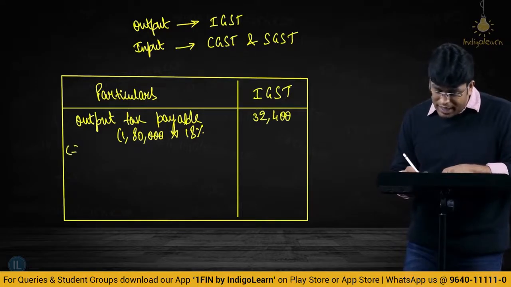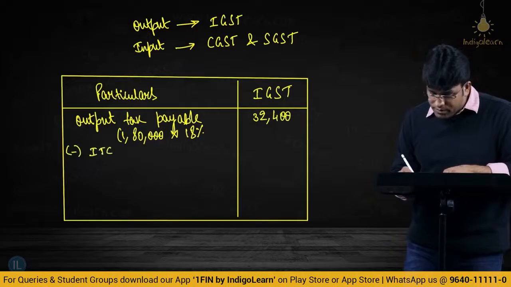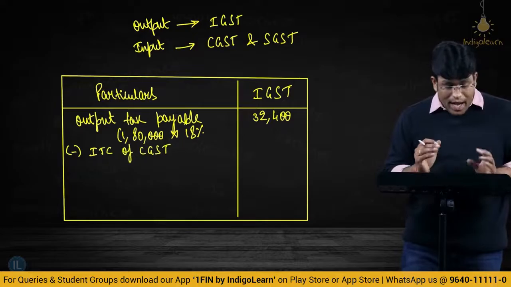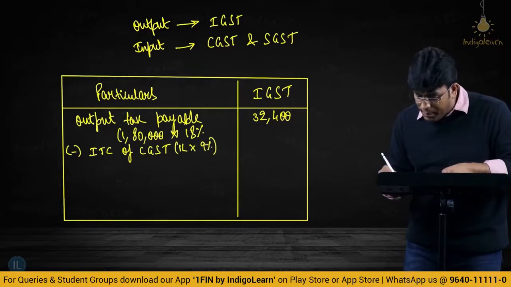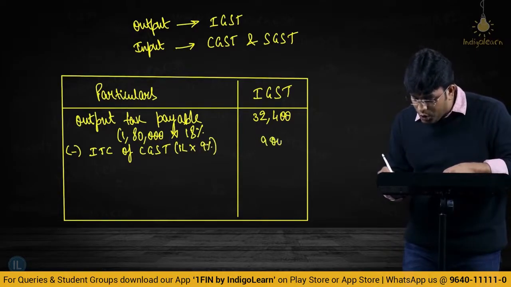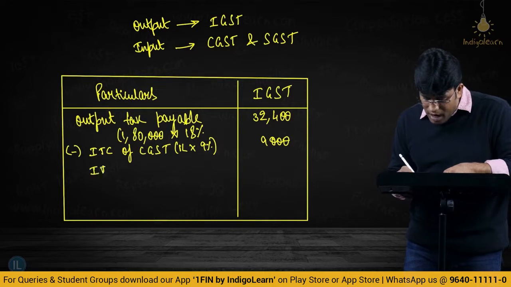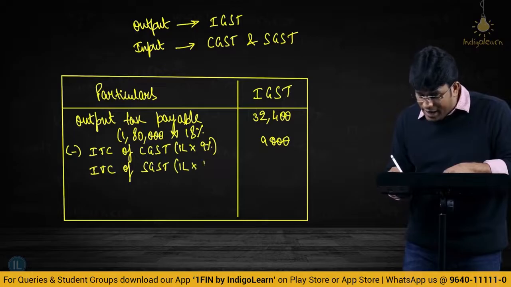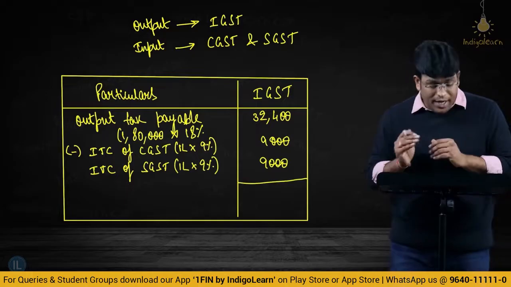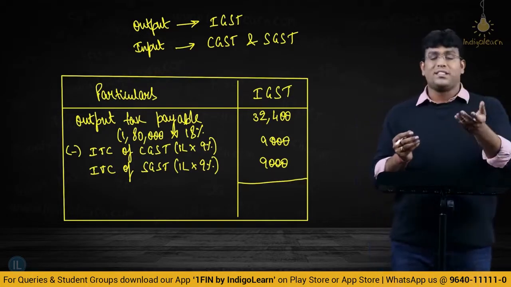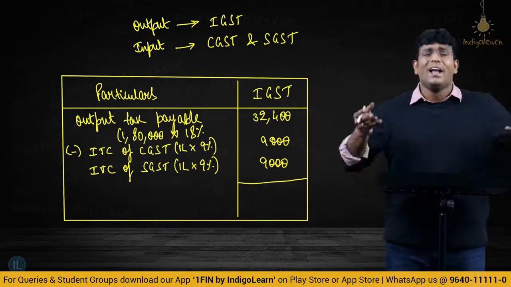32,400. From that, I will reduce ITC of CGST. How much is ITC of CGST? ITC of CGST is 1 lakh into 9%, which comes to 9,000. And my ITC of SGST is again 1 lakh into 9%, again it comes to 9,000. Obviously, my dear friends, when CGST is 9,000, SGST is bound to be 9,000.